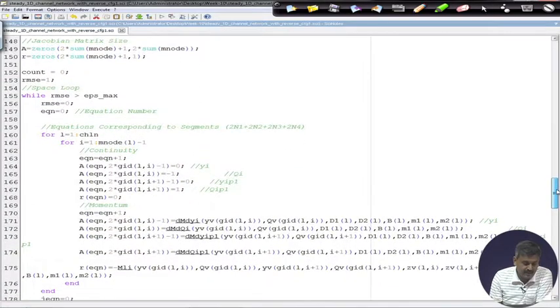Now, in this case, count equals to 0, RMS equals to 1, and after entering the loop I have changed it to RMS equals to 0, and the equation number starts with the 0 value.